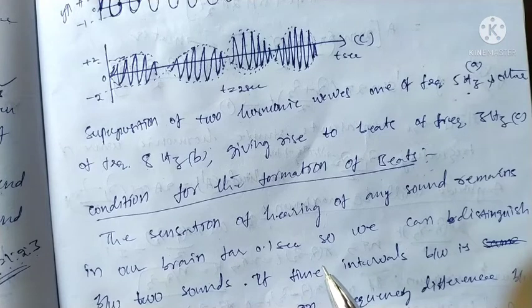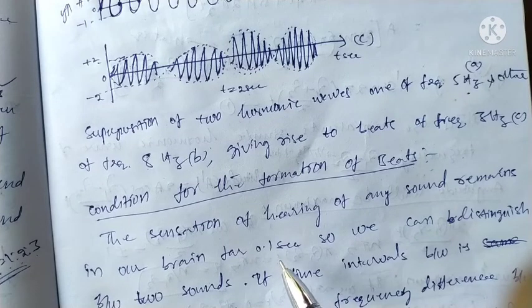We can't distinguish the sounds within that time. After 0.1 seconds, we can identify the number of sounds. So we can distinguish between two sounds if they are separated by at least 0.1 second.